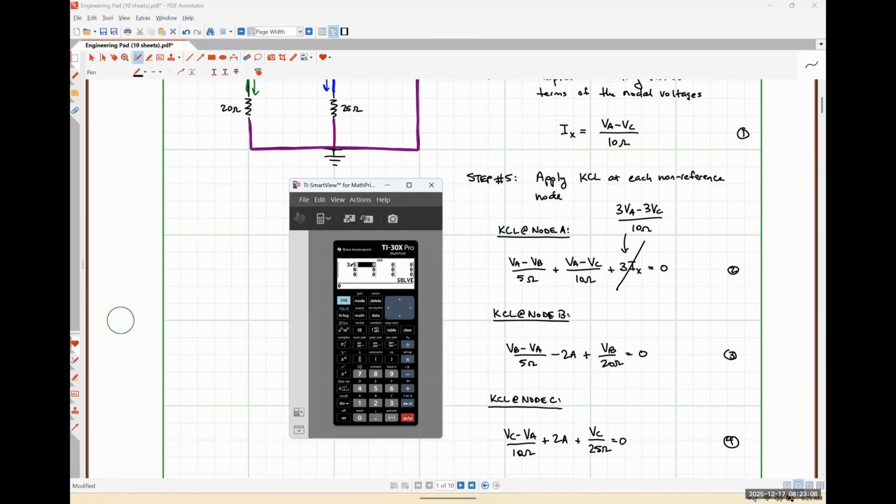I'm going to let the calculator do the math for me because I don't want to do least common denominators and add all that together. It's not worth my time. Okay. So what's the coefficient for VB in this first KCL equation? Negative 1/5. So I'm just going to do negative 1/5. Okay. What's the coefficient for VC? So there's negative 1/10 from the middle term and negative 3/10 from the right term. So I need to include both of them.